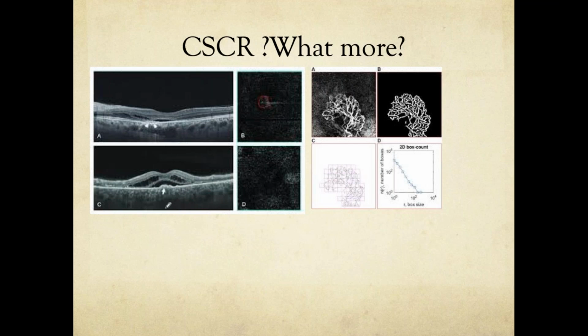If I give an Avastin, this might get resolved, but there is a bump over here, which by just OCT you won't be able to understand what that bump is caused by. But when you do an angio, you find out that there is a CNV. That's a choroidal neovascular membrane.